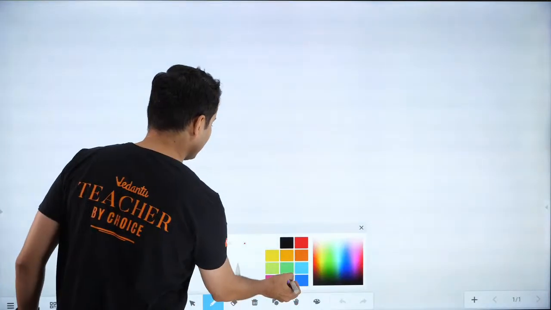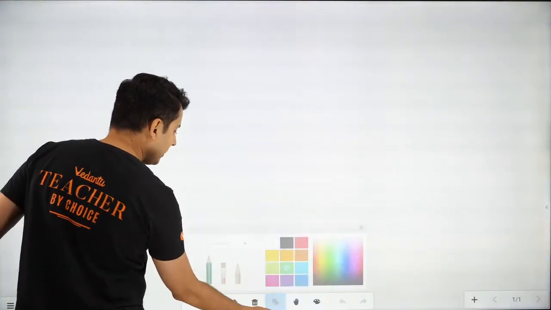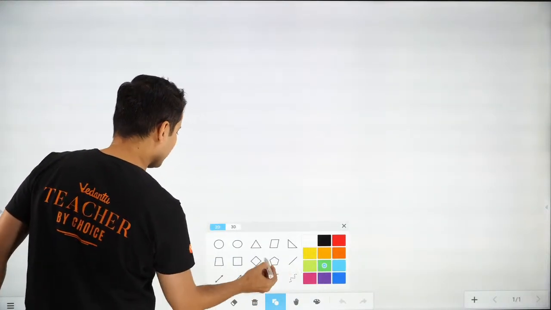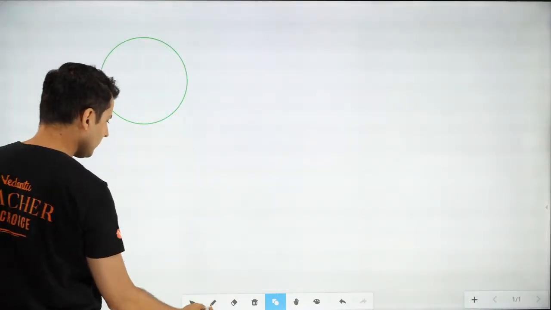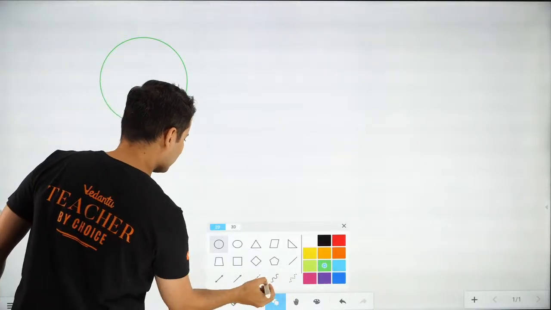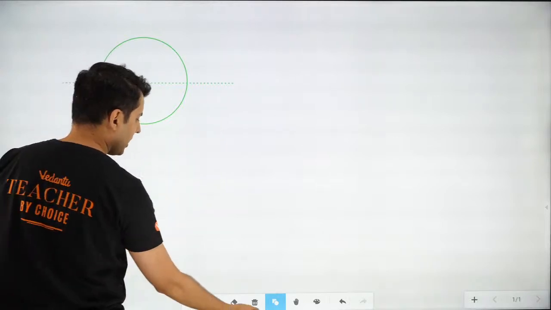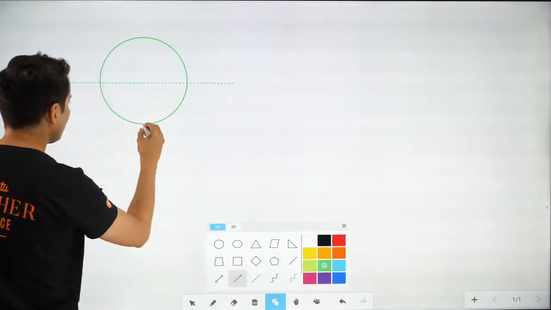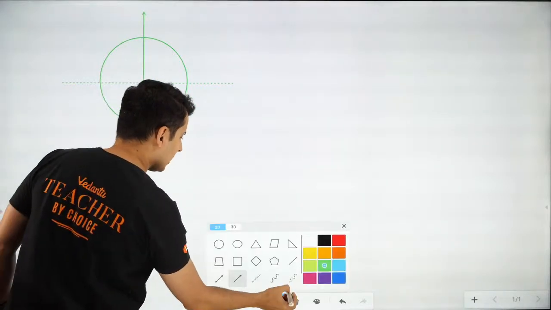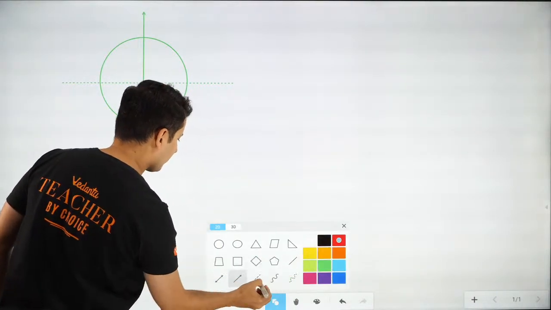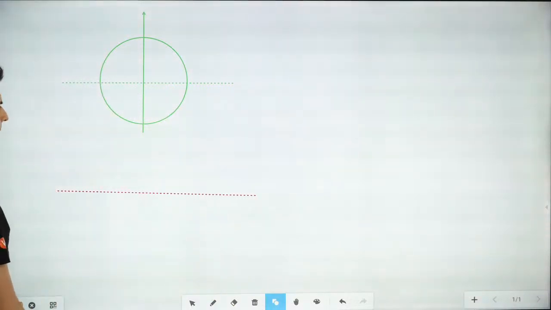So let me just create a diagram for all of you. Just imagine, guys. Let's take a circle. Let's just draw a circle. This is my horizontal line, and this is my vertical line over here, and here also I'll draw another horizontal line.